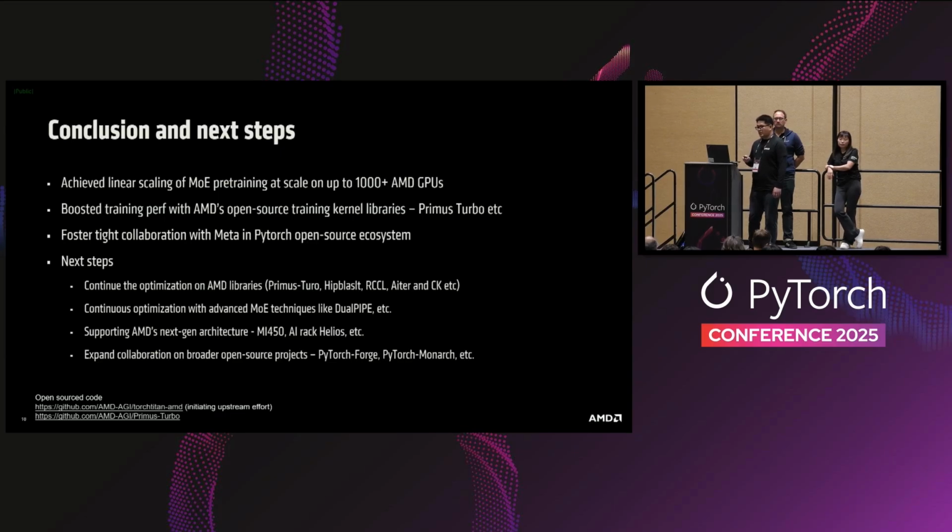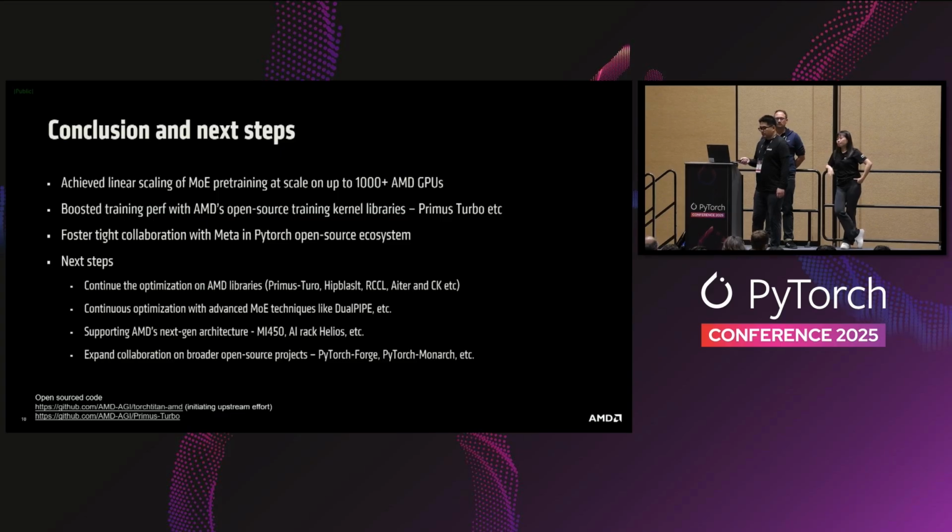Next, we also want to support our next generation GPU architecture, MI450, and also our AI rack solutions. Finally, we want to expand our collaboration with broader open source projects, including PyTorch Forge and PyTorch Monarch, which just released today.